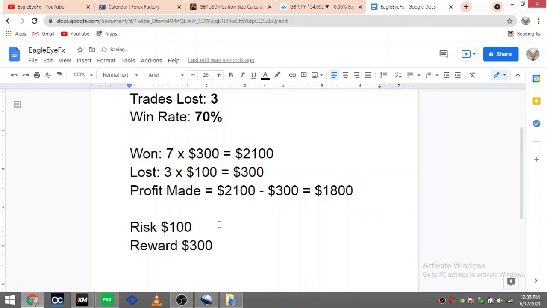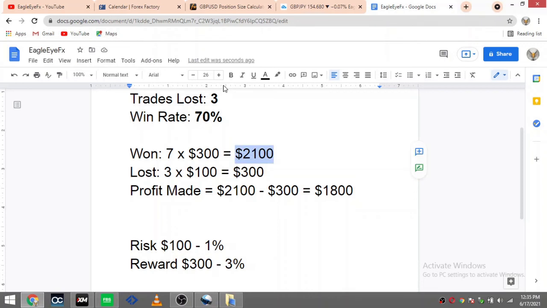This means you're risking 1%, and your reward is 3%. So what does that mean? It means that we won 7 times, so it's going to be 7 times $300, which is $2,100, and then we lost 3, which is 3 times $100, which is $300.